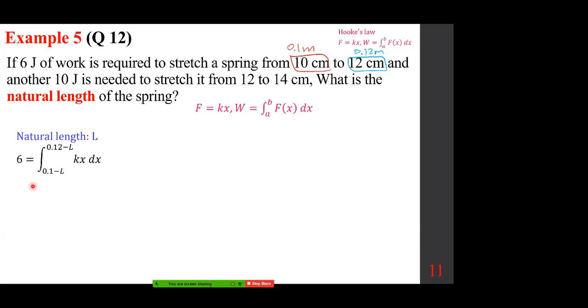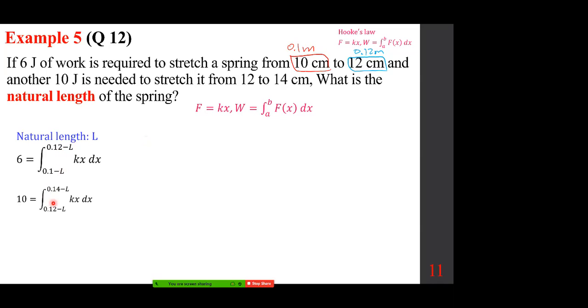But anyways, we are using this formula, everybody: kx dx. So 6 joules are needed to go from 10 to 12 centimeters, and 10 joules are needed to go from 12 to 14.